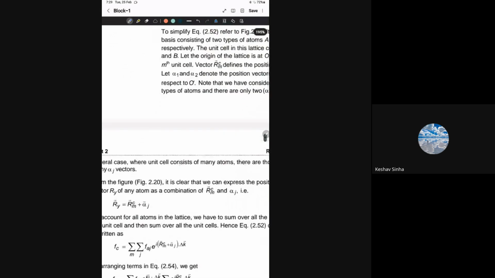So if we do this, what will we get? R_j will be equal to R_cm plus alpha_j.